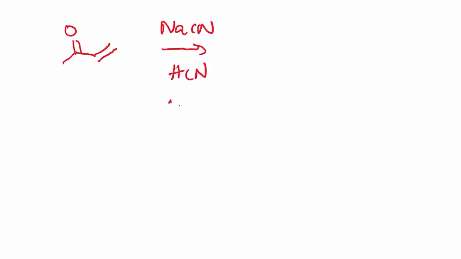So I'll start with a reaction that has been conducted. When we take a carbonyl compound and react it with sodium cyanide, we have looked at this in several examples. The conditions I'm going to use are NaCN, HCN, and I maintain the temperature between 5 and 10 degrees centigrade.